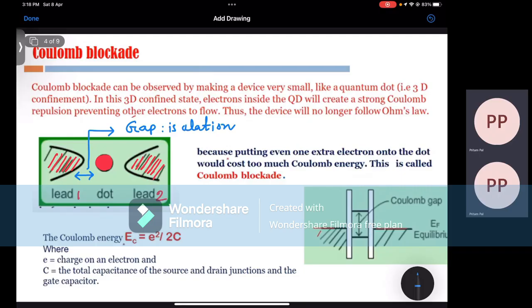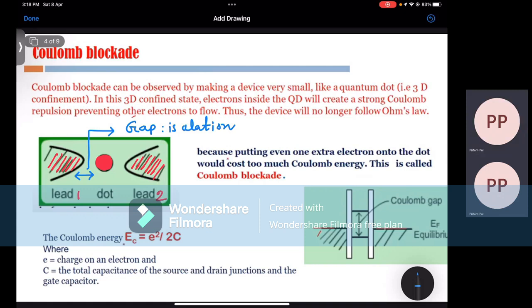Free space has a dielectric constant of 1, which you can consider as one of the isolations. So the metal leads are separated from this dot structure by this.